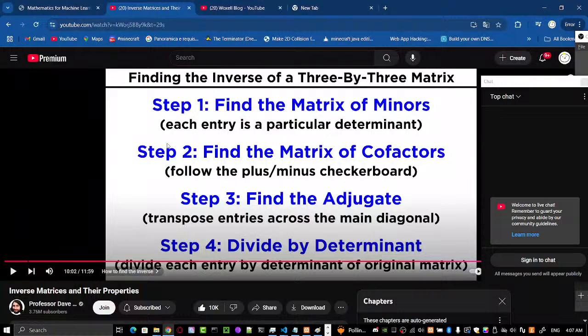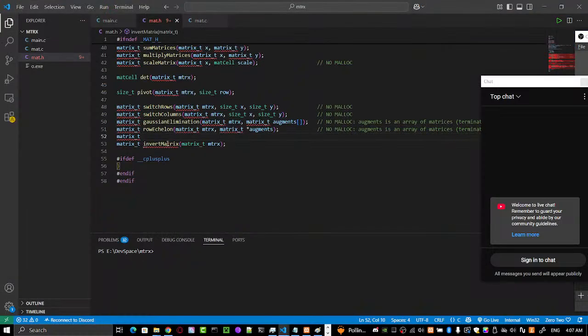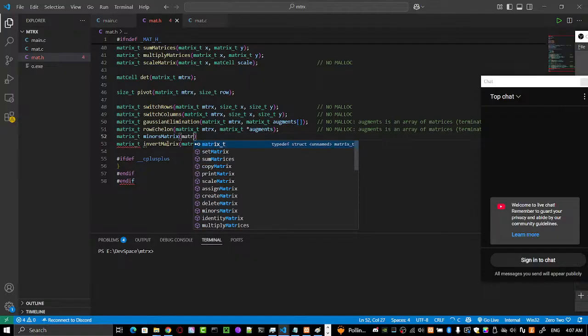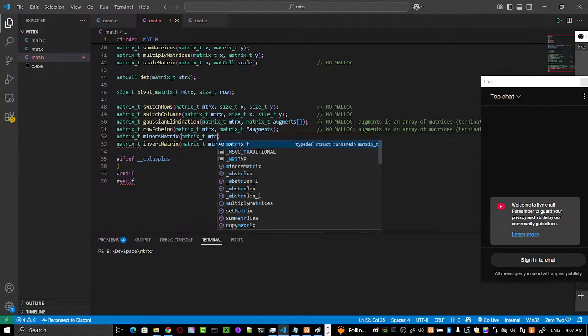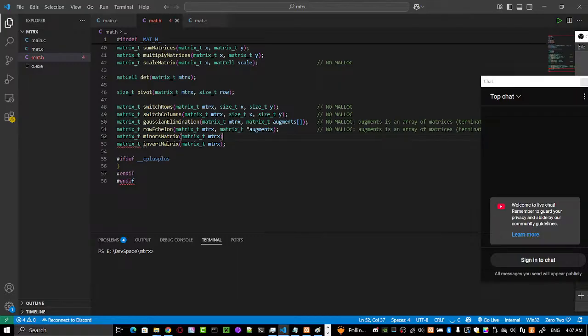And then we have the matrix of minors. So I will call it minors matrix, right? Then we pass the matrix like that, right?